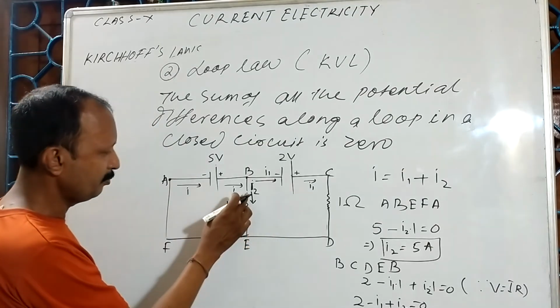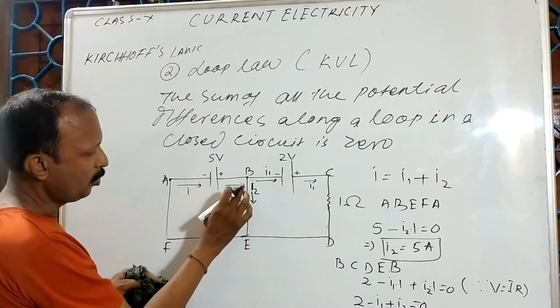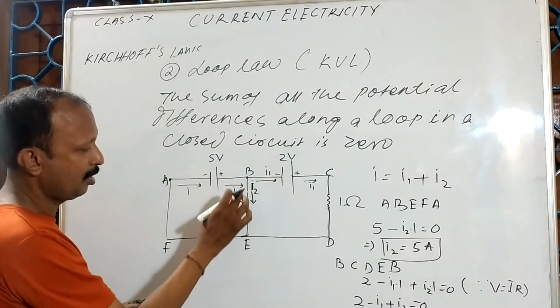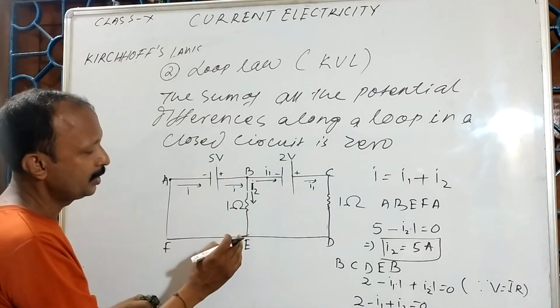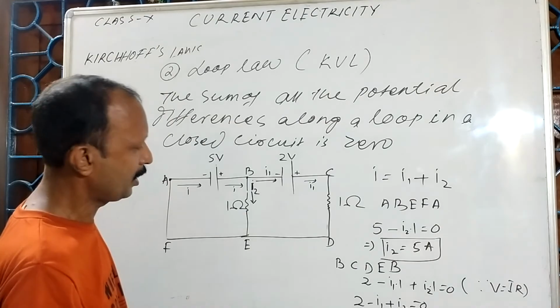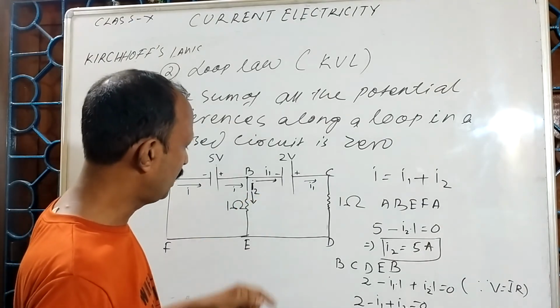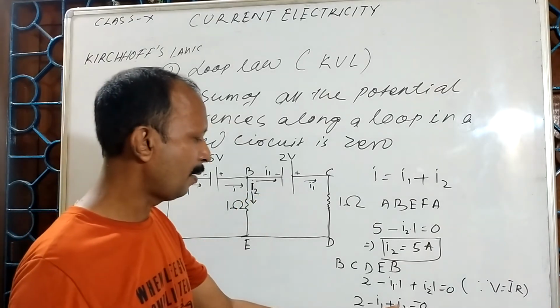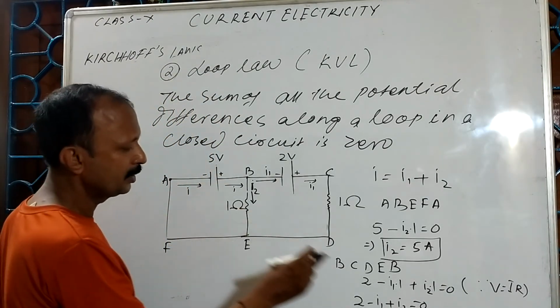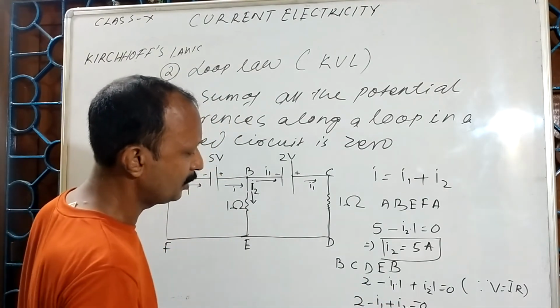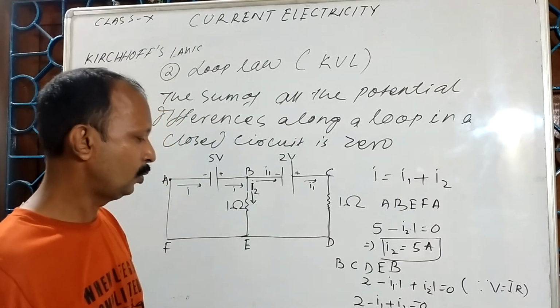But again when I am moving here, I am going against the potential drop. Previous time I took this as the potential drop downwards. Now I am going upwards. That's why I have used the plus symbol, that is I2 into 1. That means the potential difference is equal to I2.